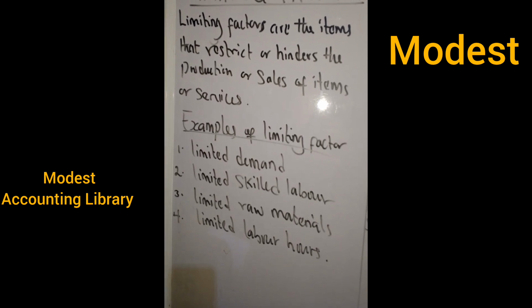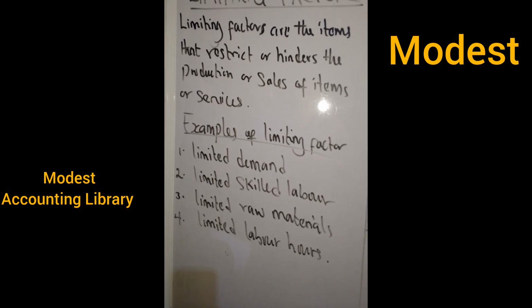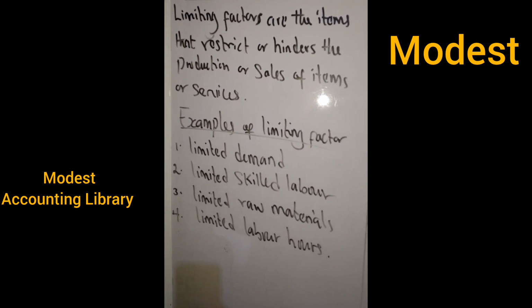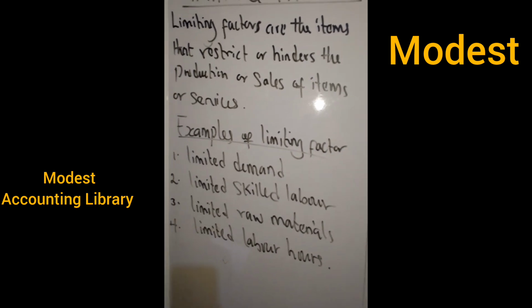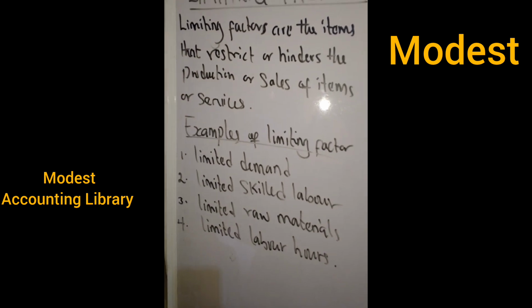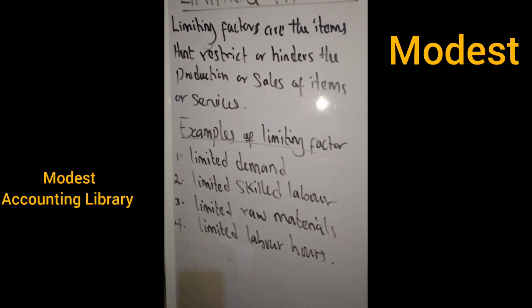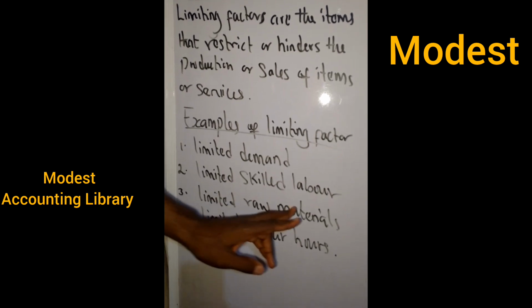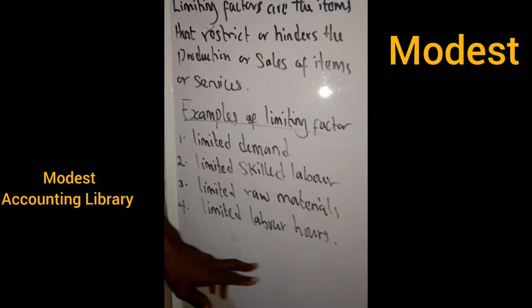Also, if we require 10 laborers to complete a production process, and what we have available is 5 or 4, automatically that labor becomes a limiting factor or a constraint. So there can be limited demand, limited skilled labor, limited raw materials, and limited labor hours.